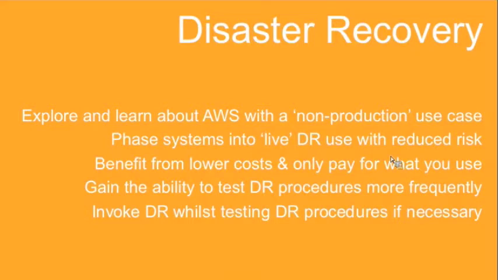And this last one's an edge case, but it's quite important: because you have elastic environments with AWS, and you can have multiple of them, if for any reason you need to invoke DR while you're in the middle of a test, which is uncommon but does happen from time to time, it's possible to do this in a much more responsive way if your DR environment is built in the AWS cloud than it might be if you had to clean up that environment before you can start a real, in quotes, DR invocation. So just bear in mind the parallelization, the multi-environment nature of AWS and the way in which that can apply to your DR.